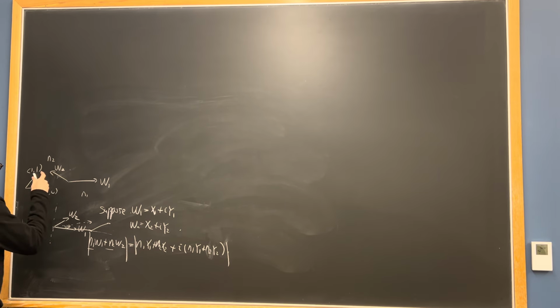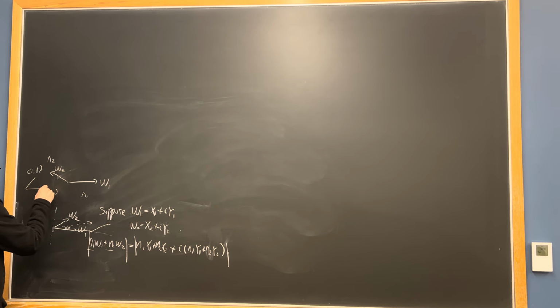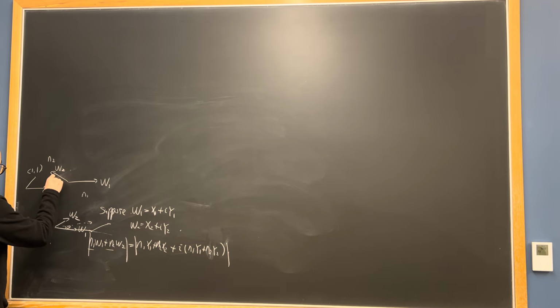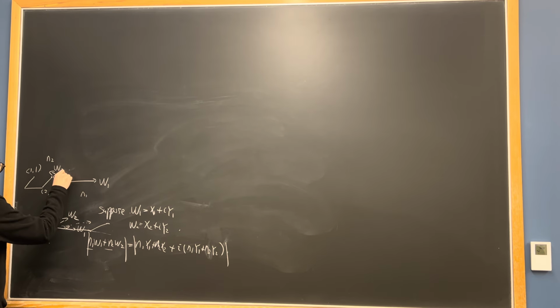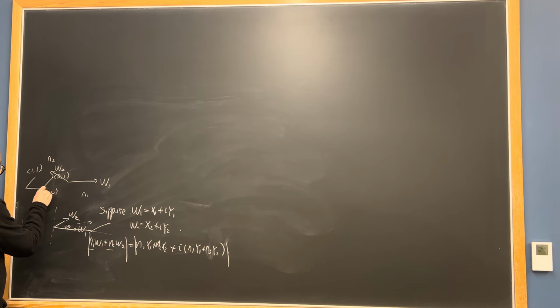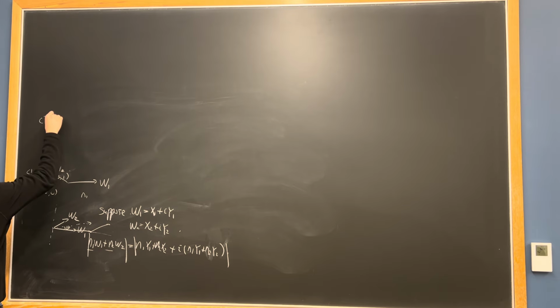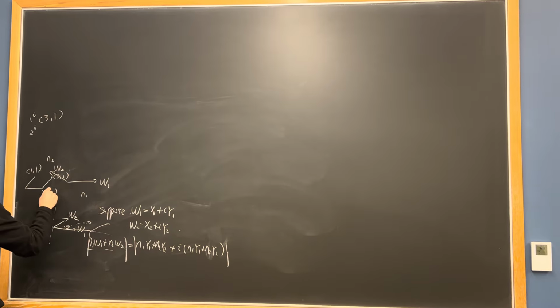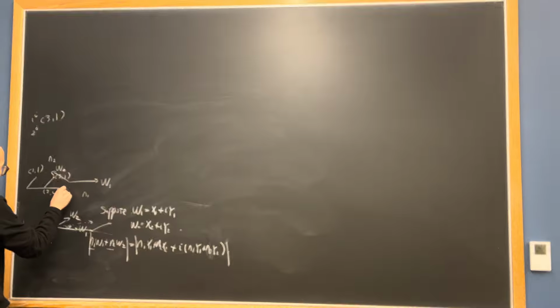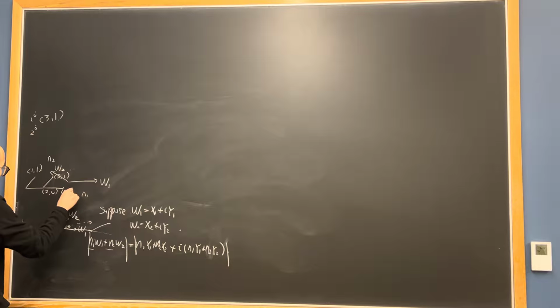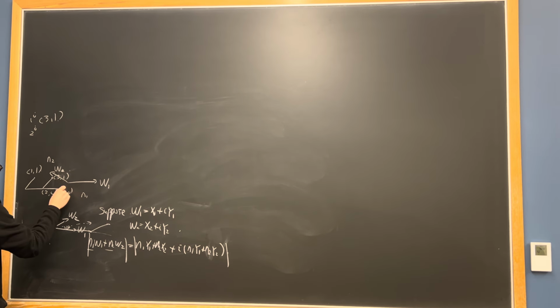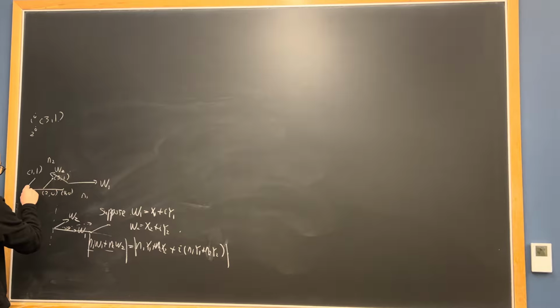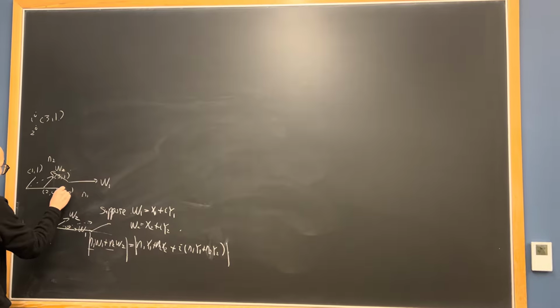When you add them up, you get a point with direction (3, 1). Now say the first point is (4, 0), and you still keep the same (1, 1), and you add it.